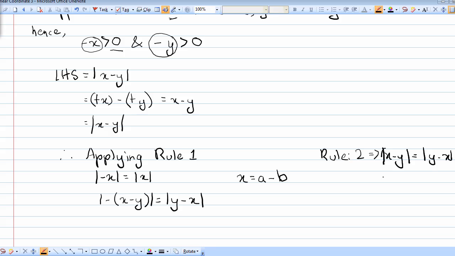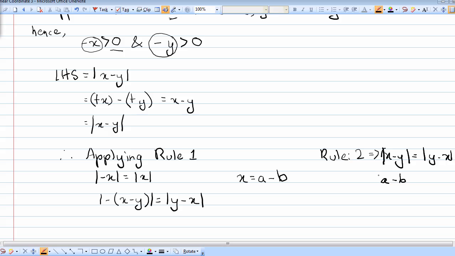So rather than assuming the variables of x and y, you can also assume the variables of a minus b is equal to b minus a. So I think this will get a lot easier for you to understand rather than always using these x and y variables.